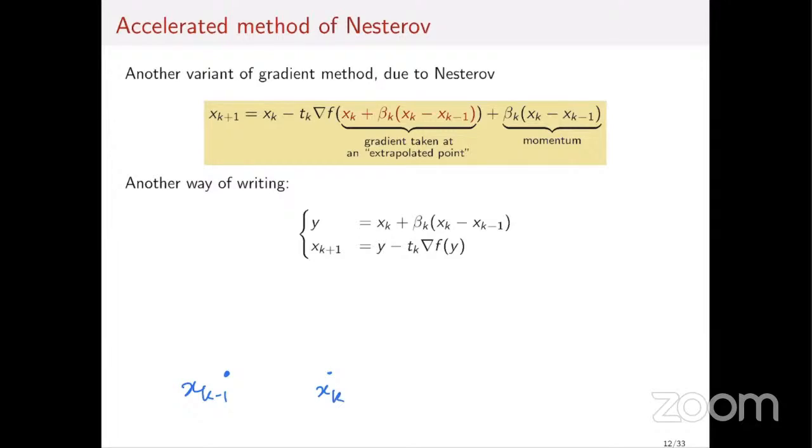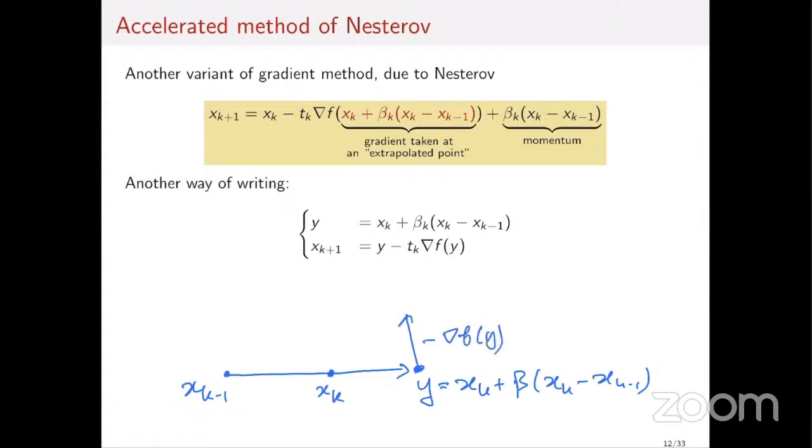What you do is you first extrapolate xk to a certain point y, which is xk plus beta times xk minus xk minus 1. And then you take a gradient step from y. So you look at the gradient at y, minus the gradient of f at y, and this is going to be your new iterate xk plus 1.